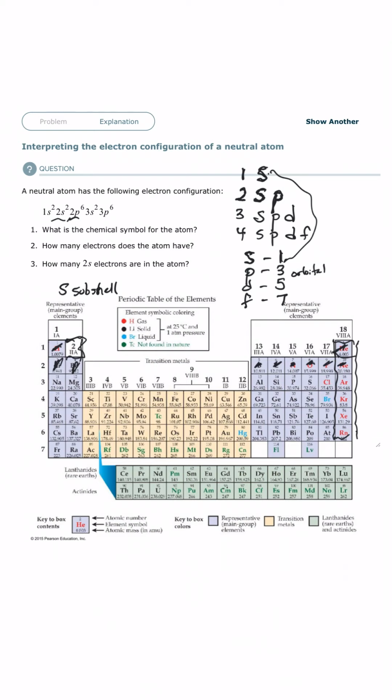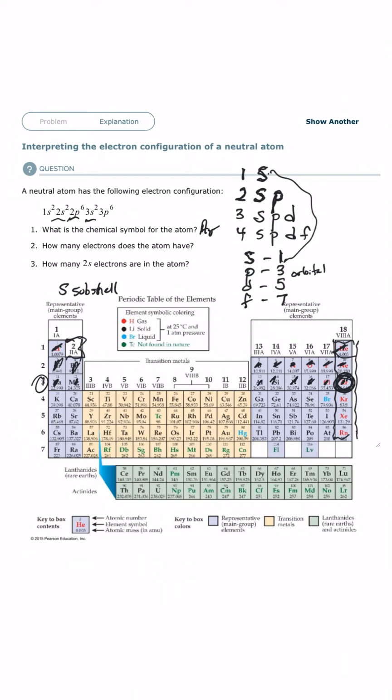Anything past neon goes to the next level, which is the third shell, and we have sodium and magnesium, so that's 3s2. Anything past magnesium is now into the 3p's, which is 1, 2, 3, 4, 5, 6. So this element is argon. The element is argon because 3p6 goes from the third shell, the p6 element.